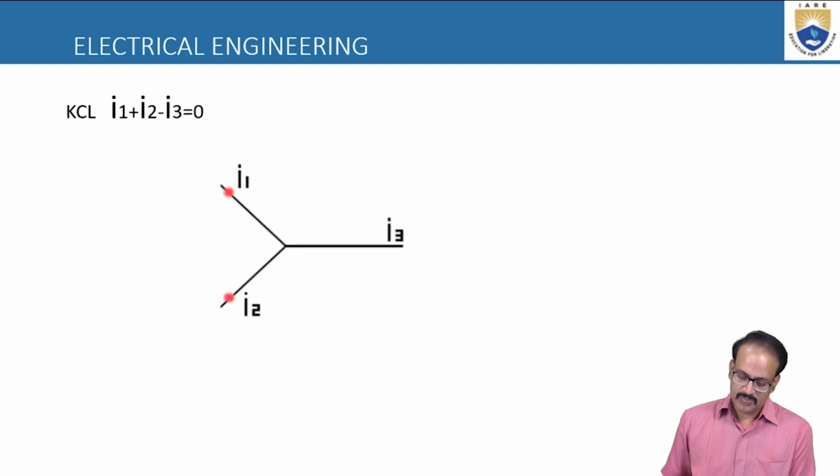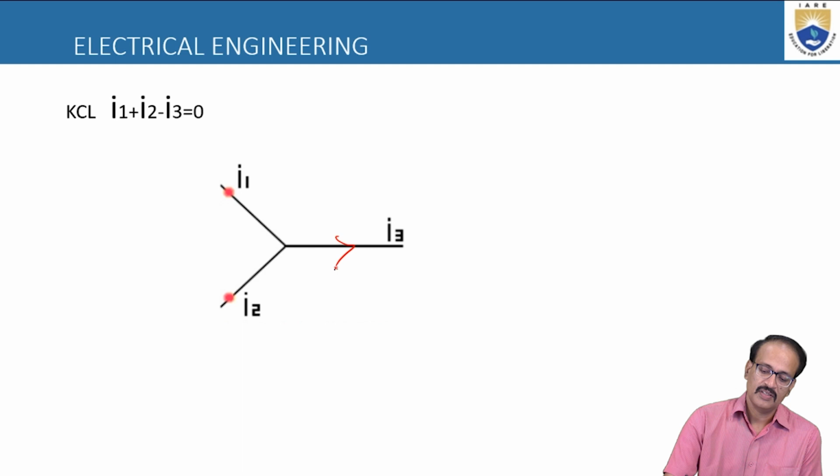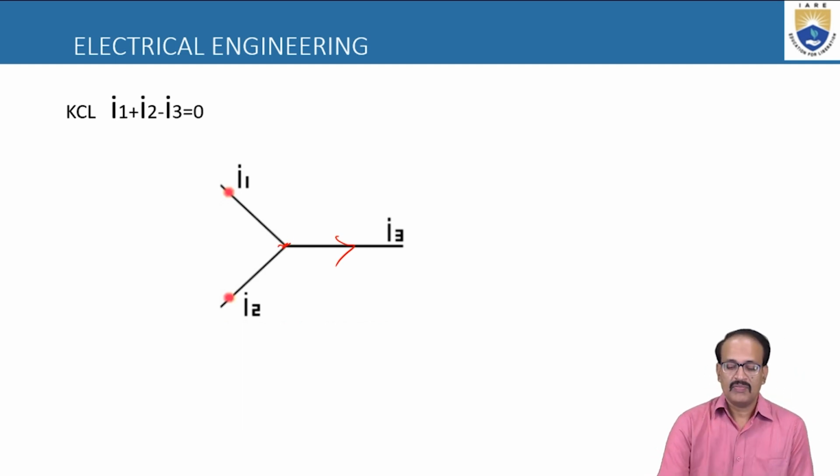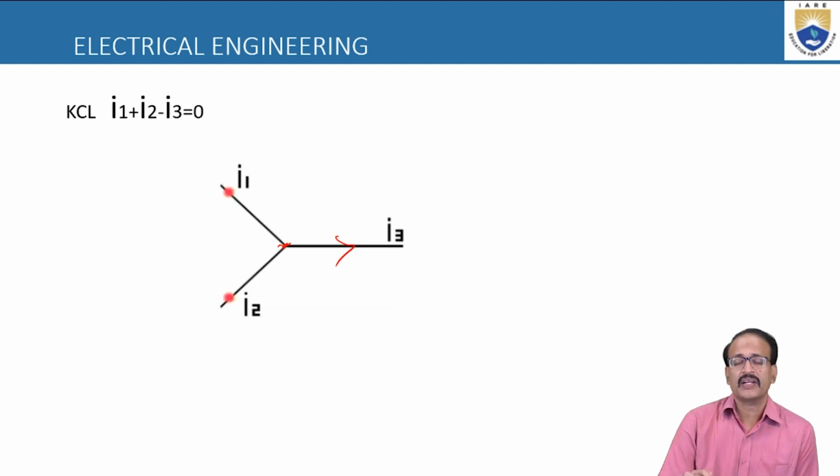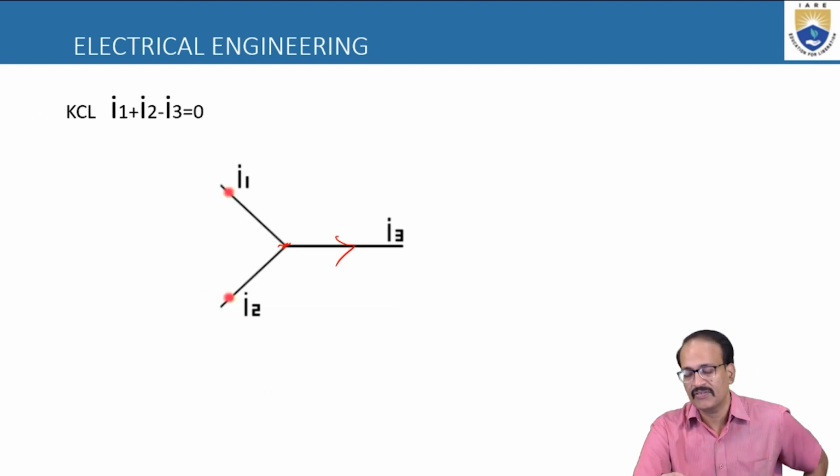And we'll proceed with another example. If you observe here, this is the junction. So I1 and I2. So this is the reverse case. In the previous one, only one was entering and three were leaving. Here two currents are entering and only one current is leaving.